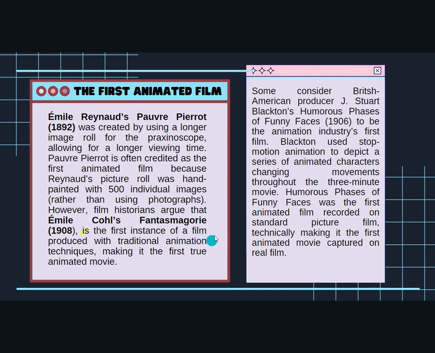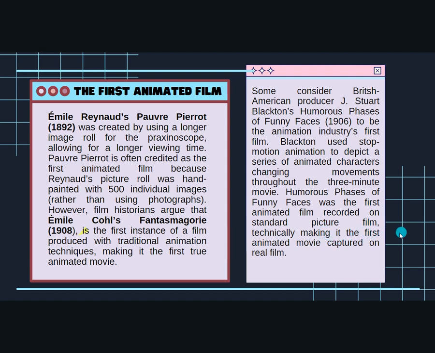Moreover, some consider British-American producer J. Stuart Blackton's Humorous Phases of Funny Faces, 1906, to be the animation industry's first film. Blackton used stop motion animation to depict a series of animated characters changing movements throughout the 3-minute movie. Humorous Phases of Funny Faces was the first animated film recorded on standard picture film, technically making it the first animated movie captured on real film.